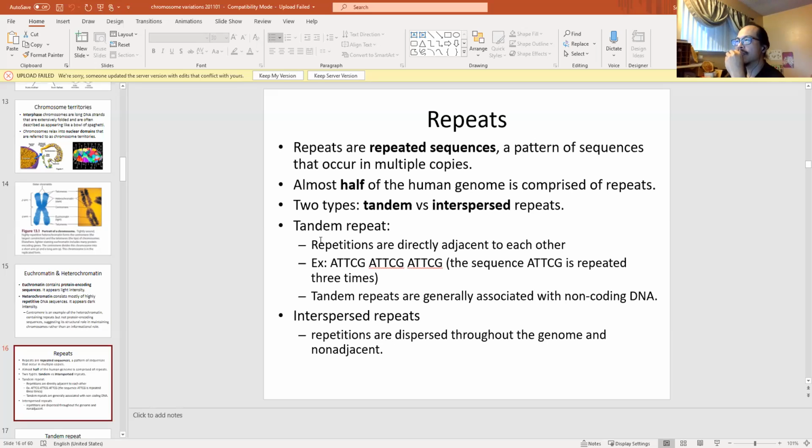So that's two types. These tandem repeats are very important. Even though they are not protein-encoding genes, they are important in that you and I are actually different a lot in these repeats.